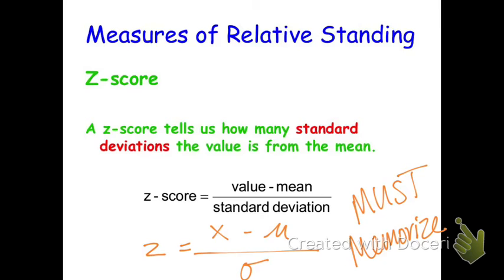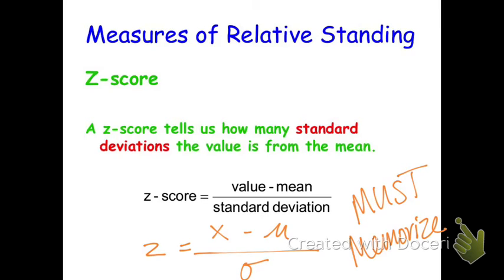The reason why we standardize things is that if you have two different sets of data, they're going to have two different means and two different standard deviations. Putting them on a z-score is like translating all of them into the same language. It's the best way to compare, making them even on the same playing field.